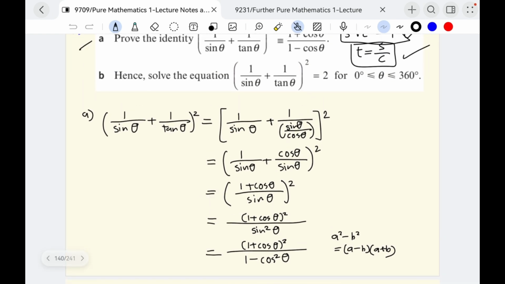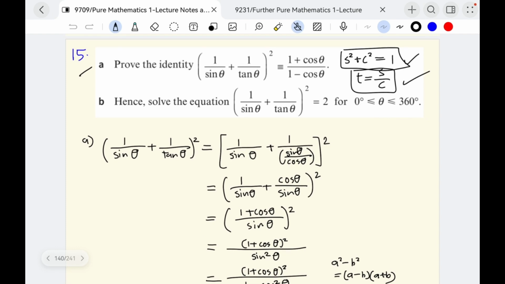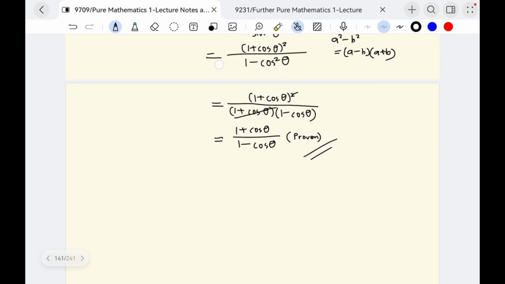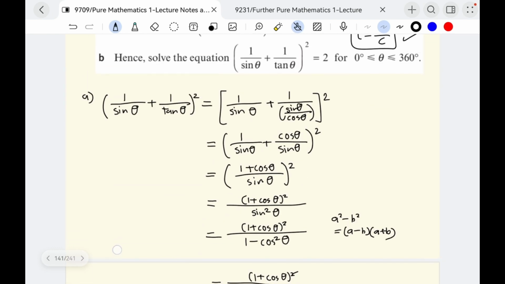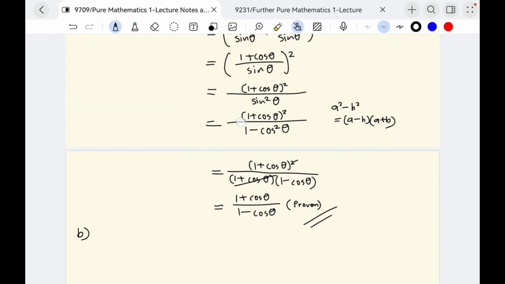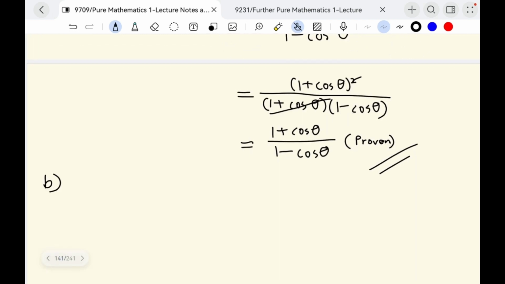So B, hence solve the equation of the bracket square of 1 over sine plus 1 over tangent equals to 2. So just basically use the result from A. Equate 1 plus cos over 1 minus cos, that you have proved from A, equals to 2.